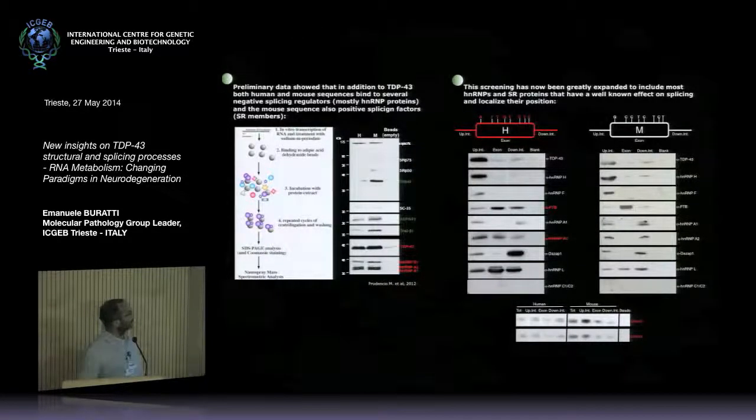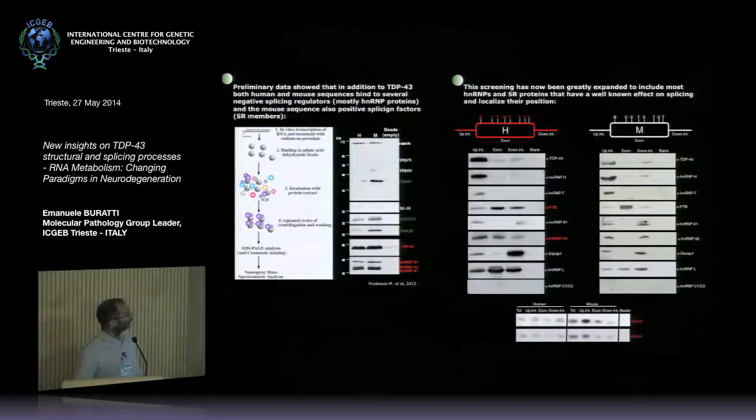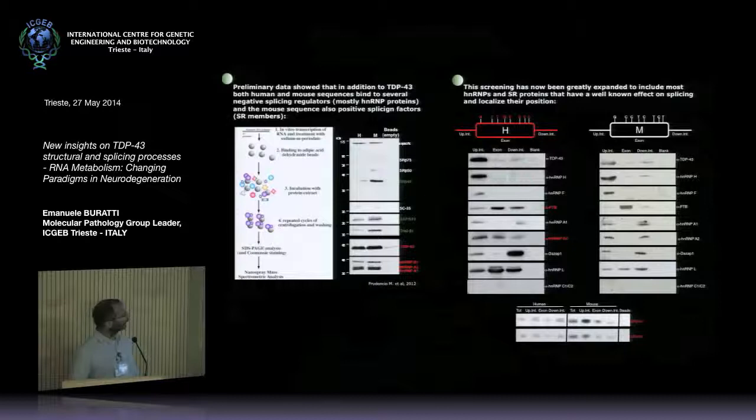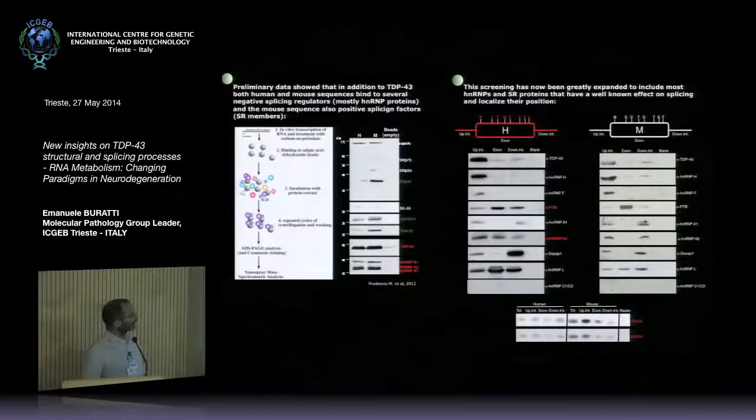And you can see that although the pattern is similar for several factors like HNRNPH or HNRNPF, or for example TDP-43 itself, which can bind only to the upstream intron in both human and mouse because this is where the TGs are localized, there are some others that have quite interesting differences.